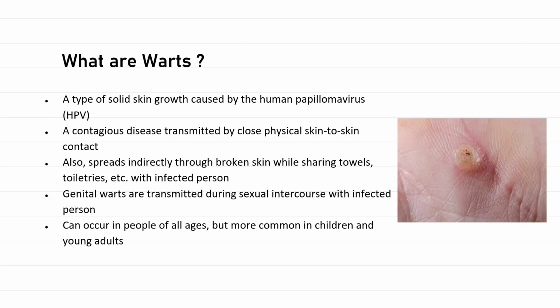Or it can also be spread through indirect means, like you have chipped off your wart and it is on your towel, and that towel is used by your near and dear ones, so that can also spread the disease. And obviously the genital warts, which are at the genital areas, are transmitted through sexual intercourse.